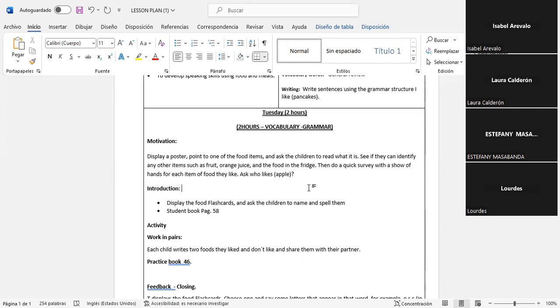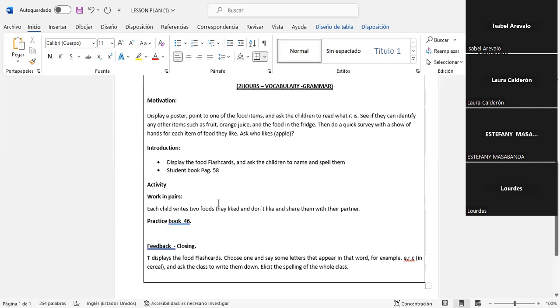Because before starting the class, I need to know what the previous knowledge is according to the vocabulary they have learned in the other levels. So for that, I ask about food or fruits and vegetables or any other kind of food that they have learned. Okay. So introduction, display the food flashcards too.